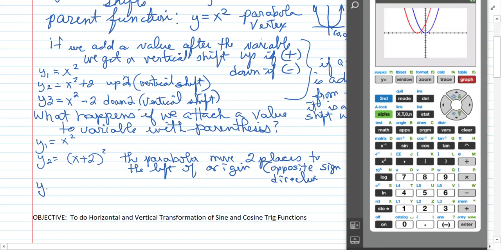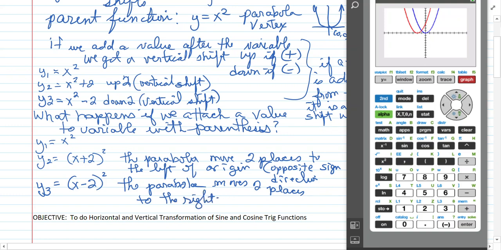Well, what if we do y3 and we do x minus 2 squared? Can you guess? We're guessing the parabola moves 2 places to the right of origin, and that's because of that opposite sign direction.